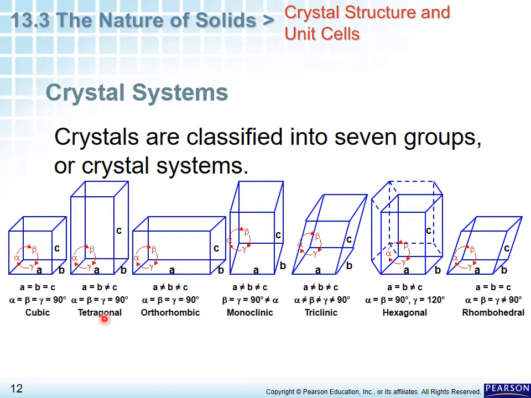Same here, you can see in tetragonal, sides A and B are equal, but side C is not. This side is equal to this, and this side equal to this, both are the same, but C is totally different, meaning the height is longer than the others.